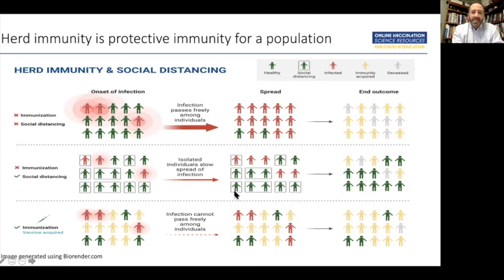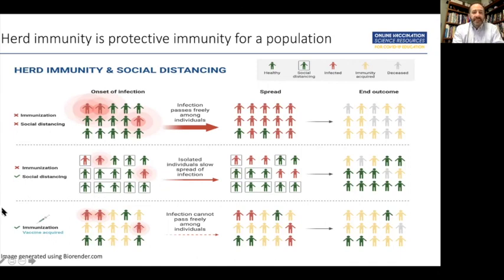Here, everyone who has a box around them is social distancing. So only people who are not staying socially distant and are coming in contact with people who are infected will become infected themselves. So over time, you will have some people who are infected and recover. You will have some people who contract a severe disease and may die, but more than half of the people will remain healthy.